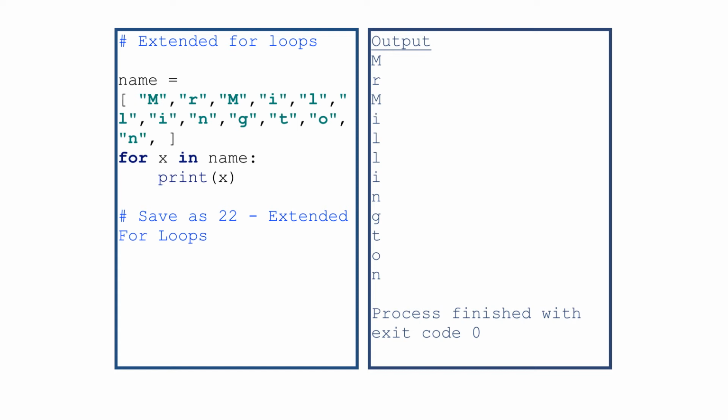So Mr. Millington now comes out as Mr. Millington, all going down, because it's gone through the entire loop. These are much simpler loops to do, but you do have to run the entire list using them. Okay? Bizarre, but it works. Next one. Pause now, put this in your book, and then go on to the next slide.